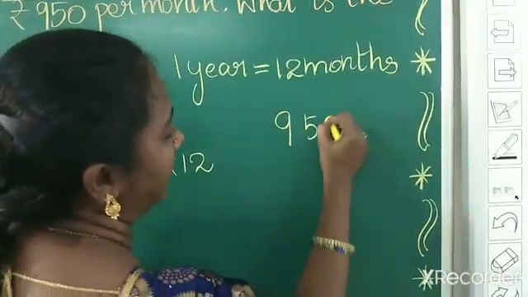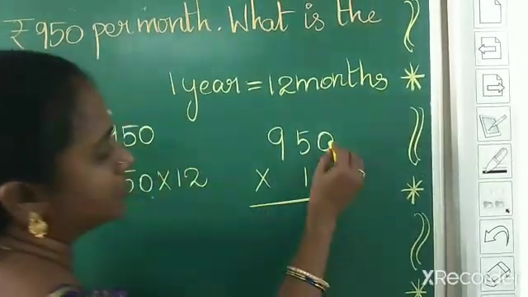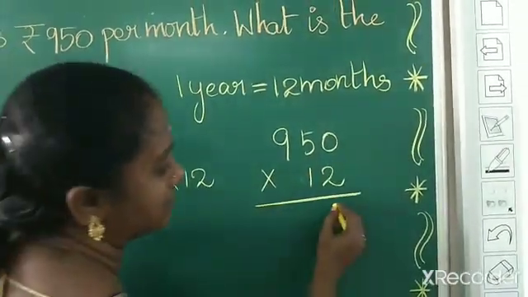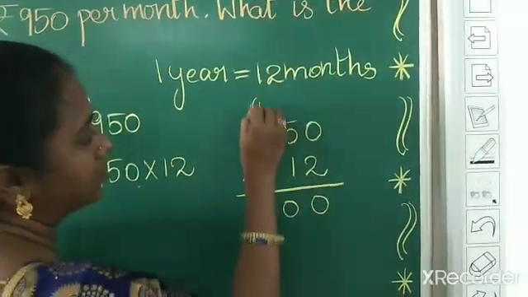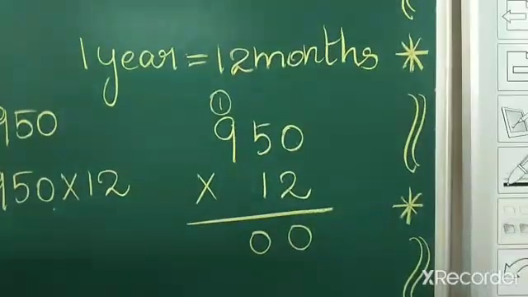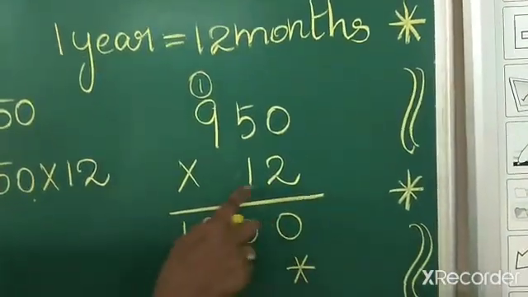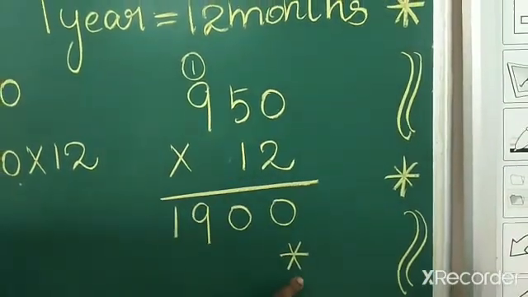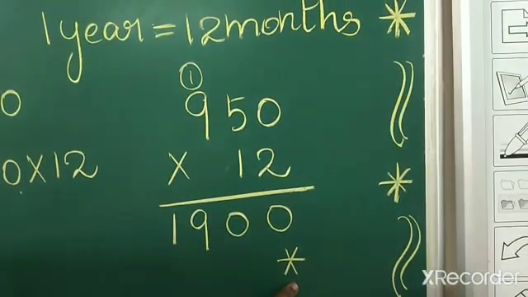So let us find. 0 2s are 0, 5 2s are 10, 9 2s are 18 plus 1, 19. So I am moving on to the tens place. So we need to add 0 or asterisks, whatever we can write here.